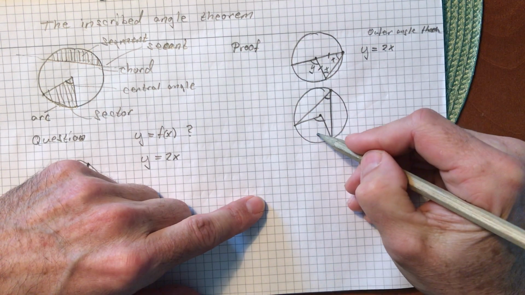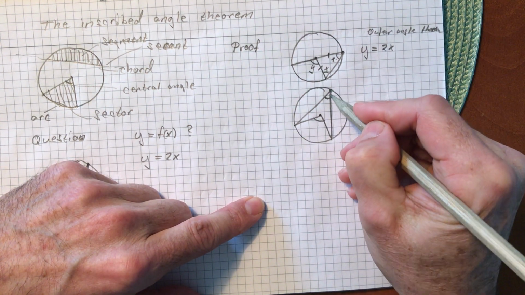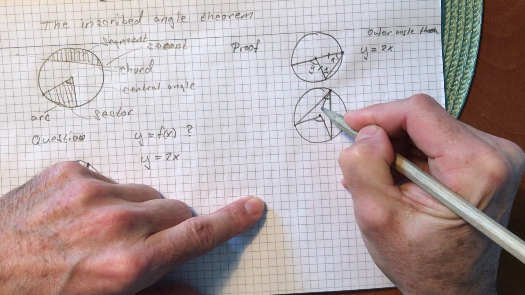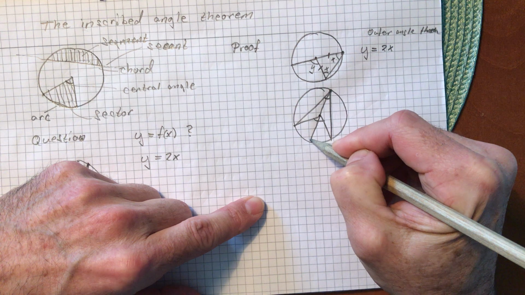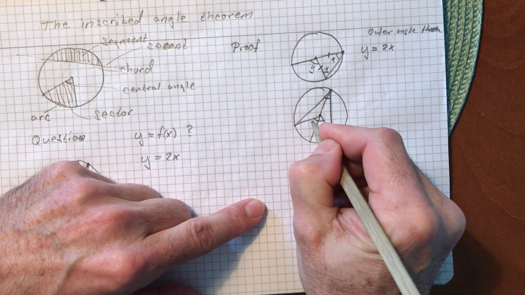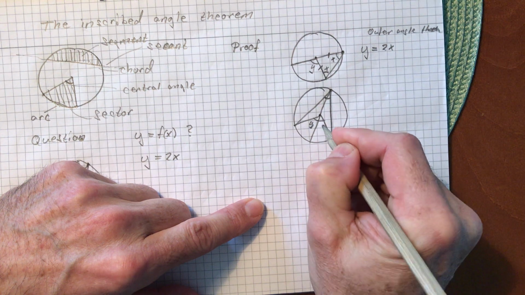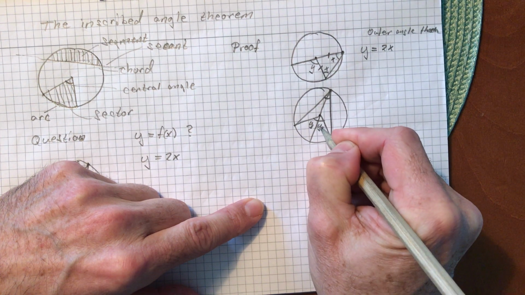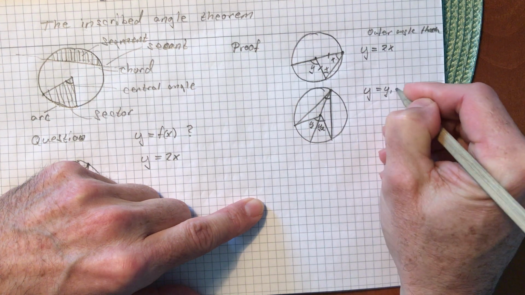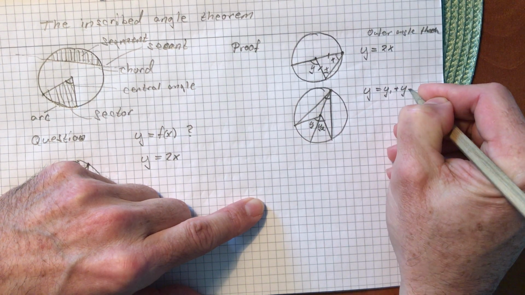Instead, I draw a line from this point through the center and on to the other side. So then I have this angle. I call it y1 and this is y2. So y is equal to y1 plus y2.